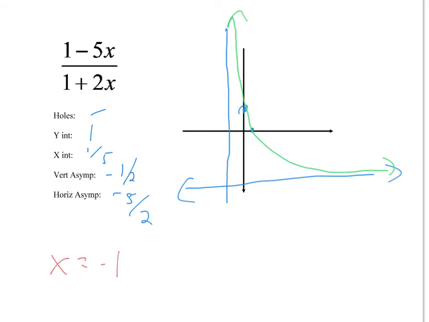If I do that, do we see that up top I have 1 minus 5 times negative 1, which is negative 5, or 1 plus 5 is 6. On the bottom I have 1 plus 2 times negative 1, which is negative 2. So I have negative 6 over negative 2, which is positive 3. So I'm somewhere up here, which means my graph is going to hug like that. And there's my picture.